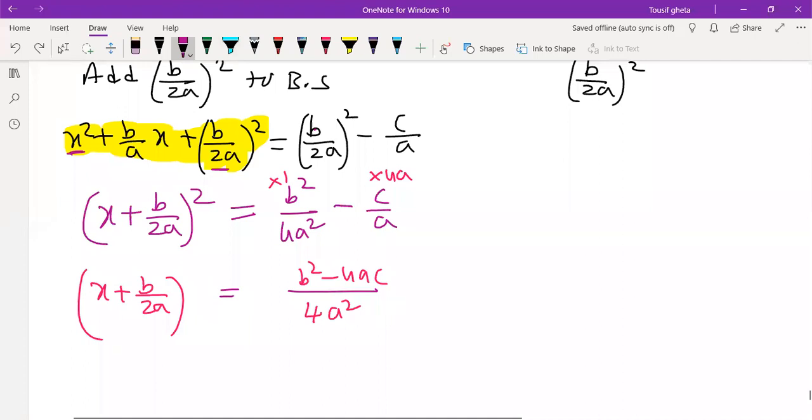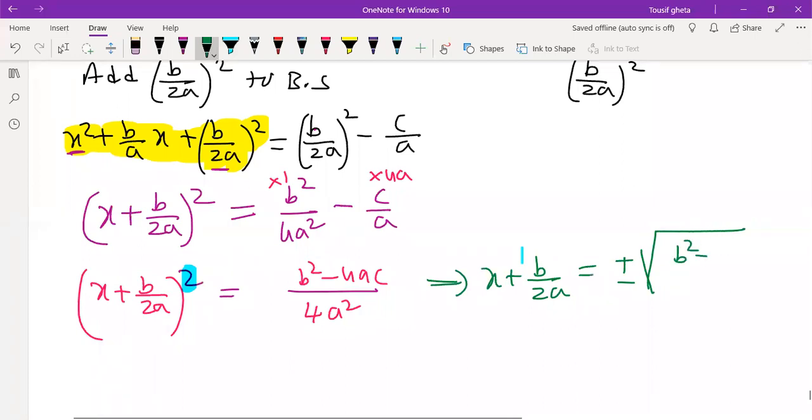Whenever you shift square as square root, you just write plus or minus. b square minus 4ac whole divided by 4a square.